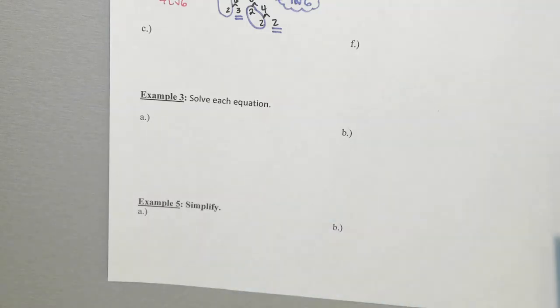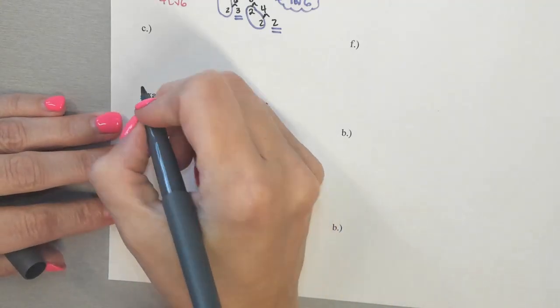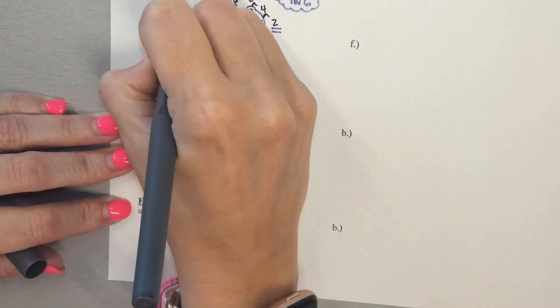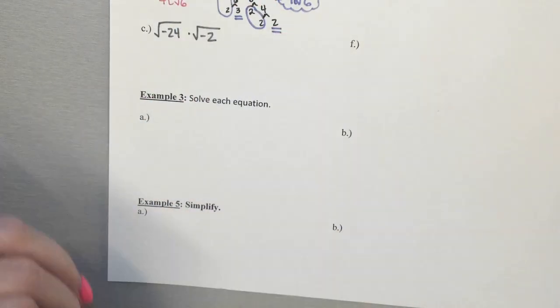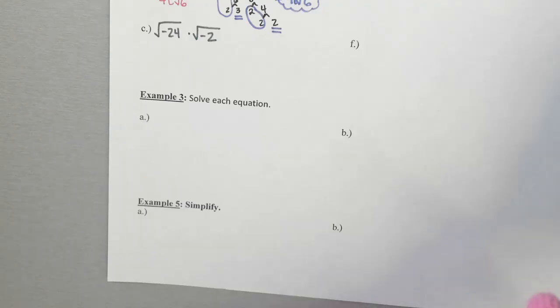All right, I'm going to have you try part C. Again, there's more than one way to get to the correct answer, so I want you to try this. Those are both negative, so we can't just multiply and make it positive.